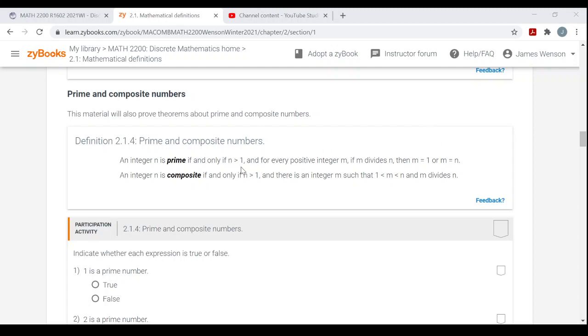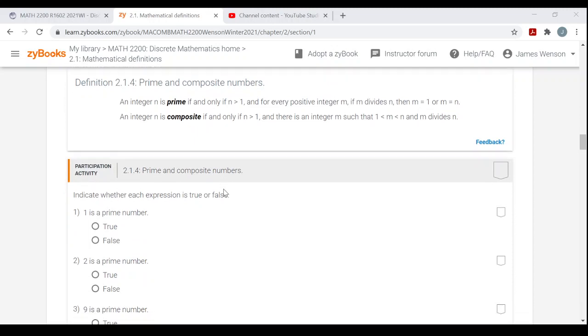And 1 is not prime, and it's not composite either. 1 is like the base unit, the building block. An integer n is composite if and only if it's greater than 1, and there is an integer m such that m is between 1 and n and divides n. So basically, if it's not prime, it's composite. And again, these are just for integers 2 or greater.